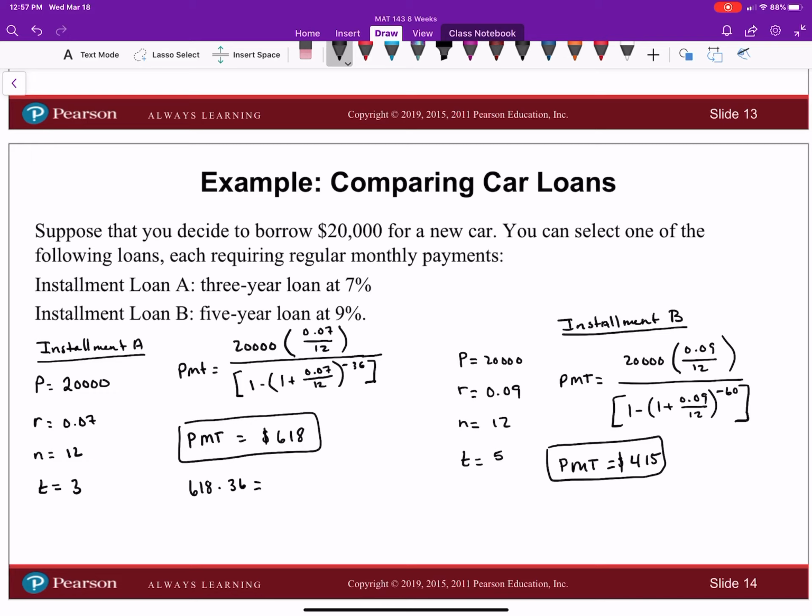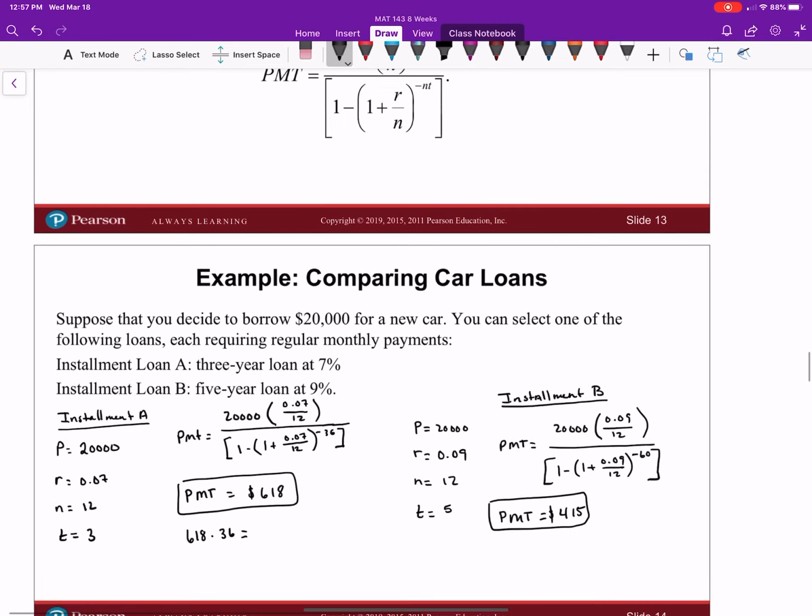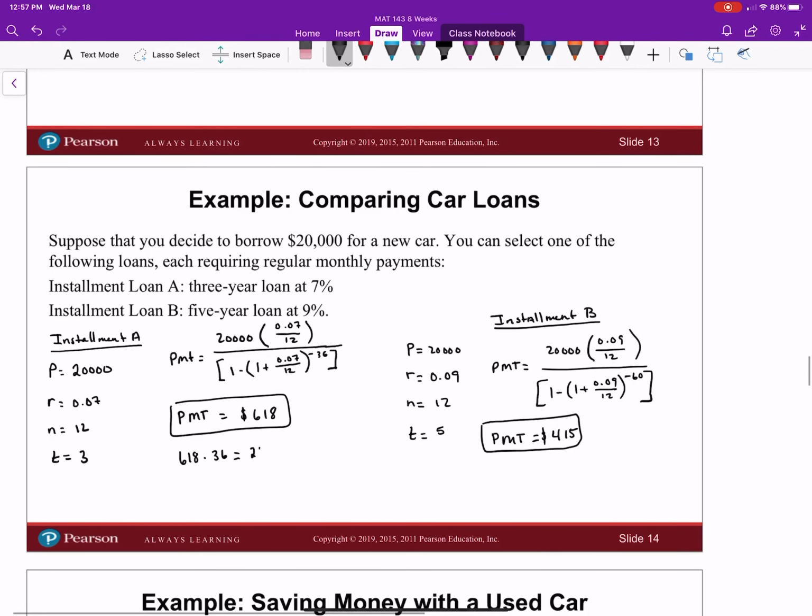So we have 618 times 36, which gives us 22,248. Now we take that 22,248 and subtract the principal from it, which is the 20,000. So it's $2,248 that we are paying in interest.